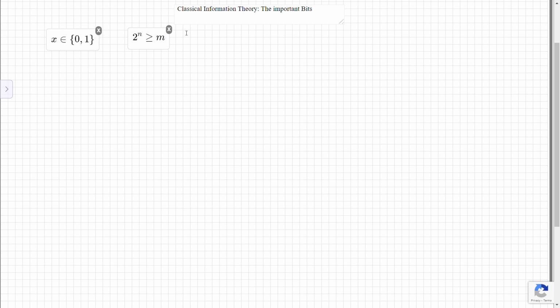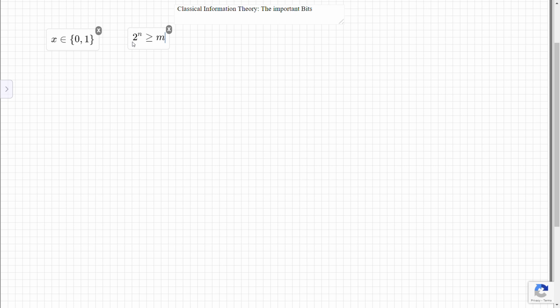In order to encode a message, we need at least n bits. You can have even more than n bits, but that would not be an efficient way to encode the message, because many bits will not be used. So the minimum number of bits that you require would be n.